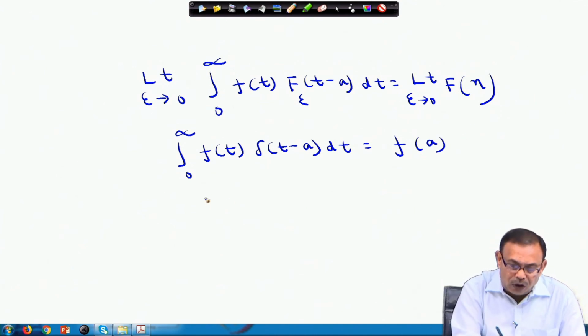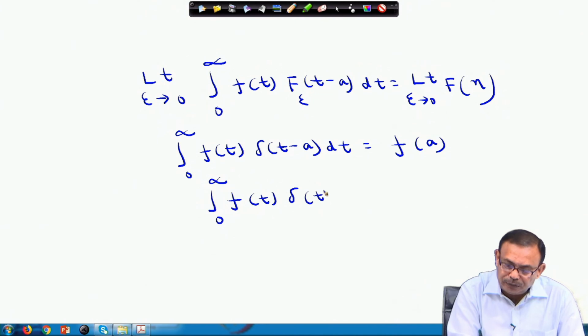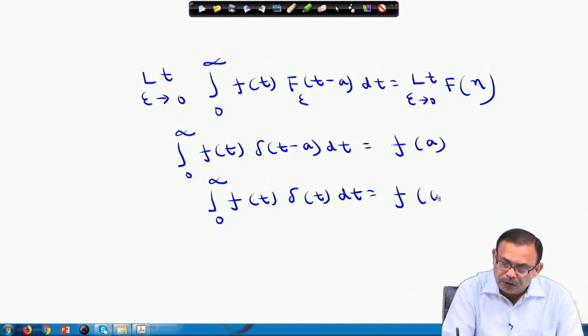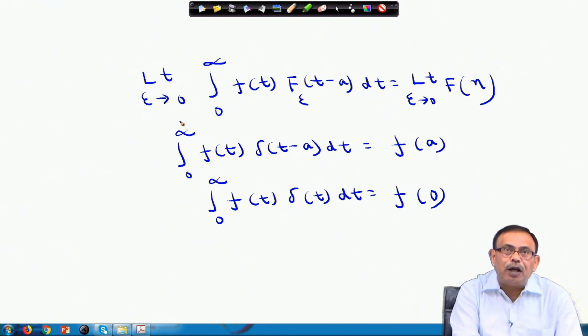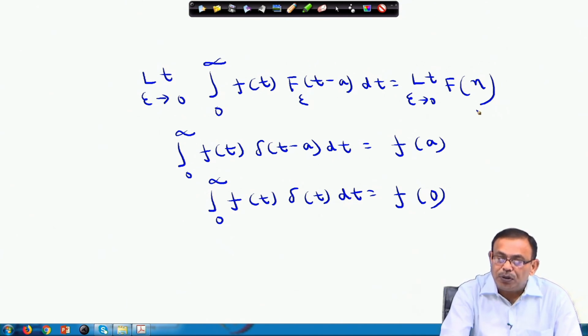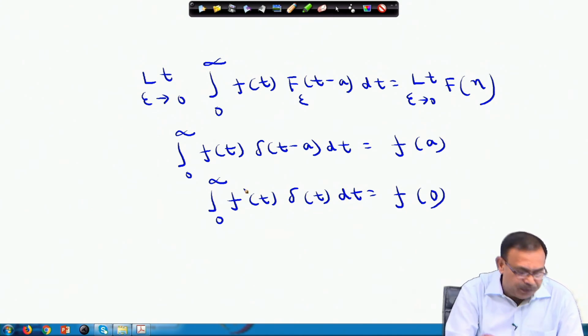And whenever a is 0, I will obtain the integral of f t into delta t dt equals f 0.